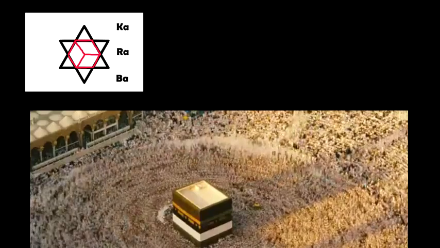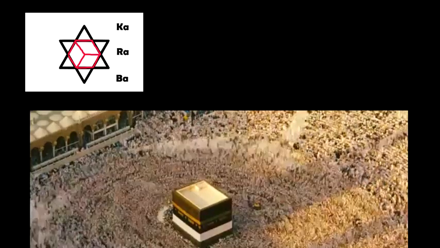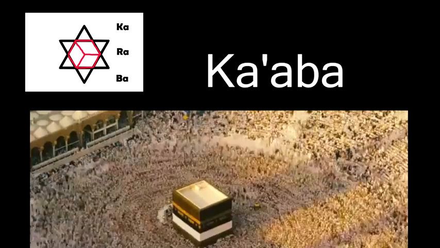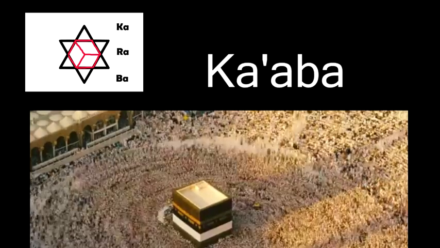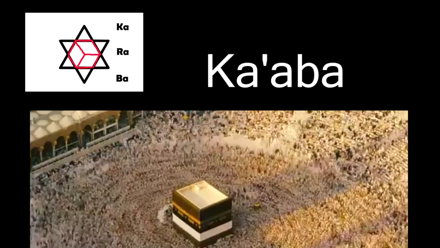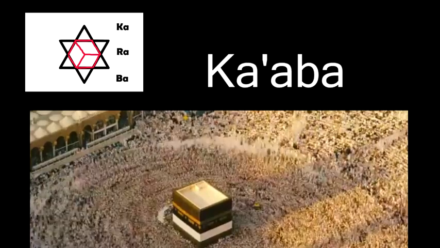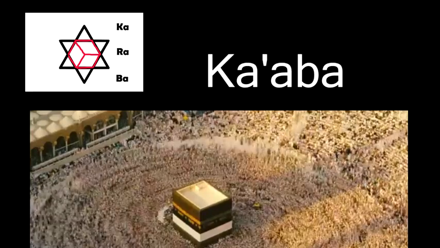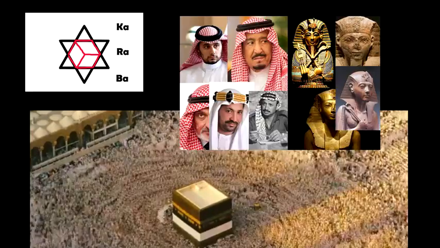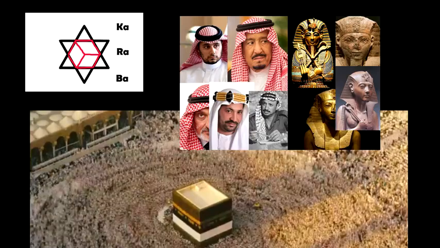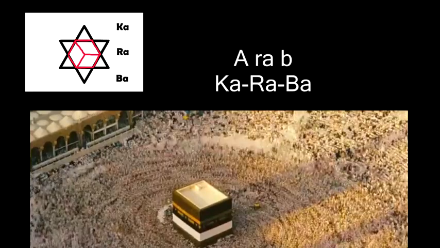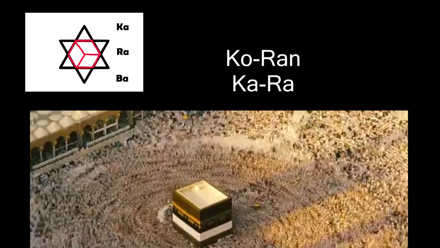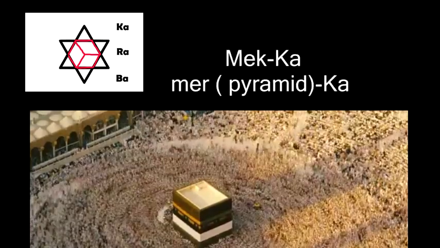Let's explain a few words. In Mecca, you have the black box, the Kaaba. In my view, that is not the Kaaba, but the Ka-Ba. And why in Saudi Arabia? Well, that is no coincidence. Plenty of words here with the Ka-Ba.